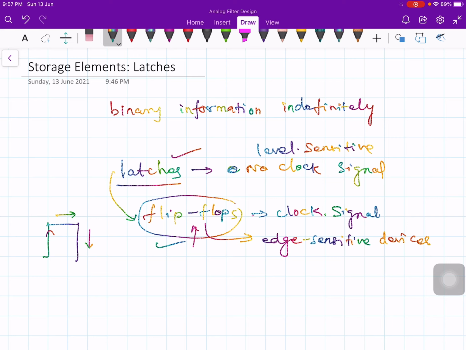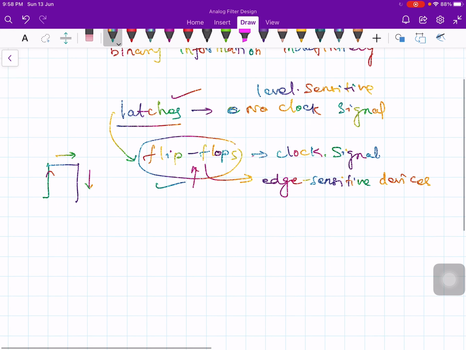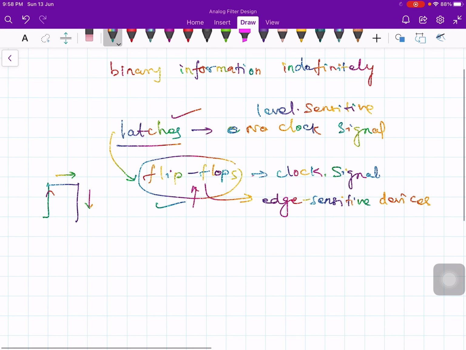We will not consider latches as a fundamental storage mechanism because they have some drawbacks that we will discuss as we go along. But you can use latches to construct a flip-flop, and a flip-flop is used to store the binary state.